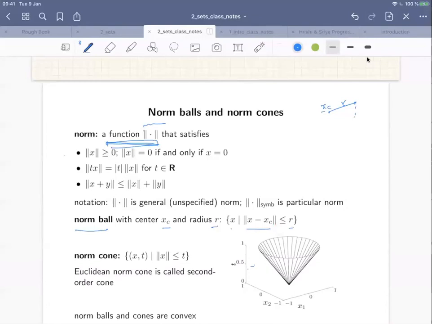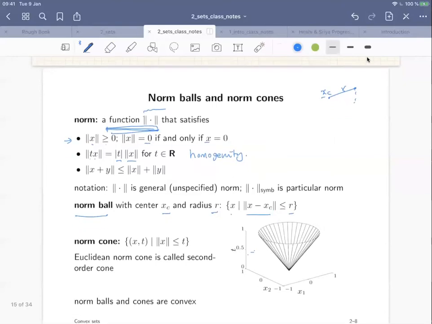One is that the norm has to be non-negative, and it will be zero only if x equals zero. The second is homogeneity: if we multiply a vector x with a scalar t, then the norm is the modulus of t times the norm of the vector. The third property is the triangle inequality that we already know.